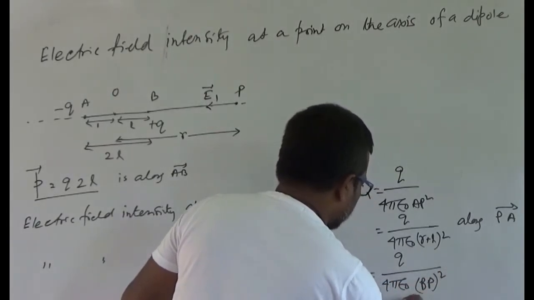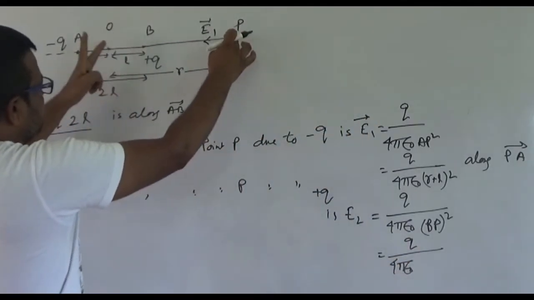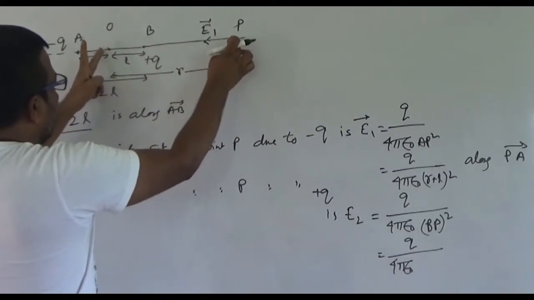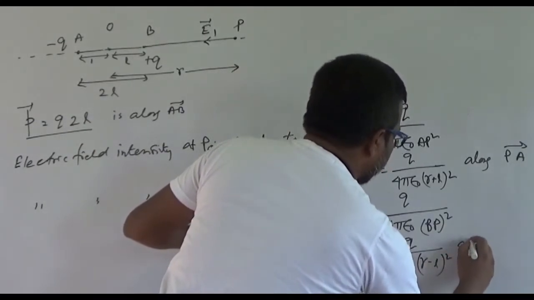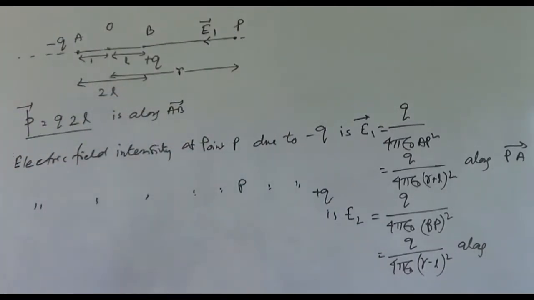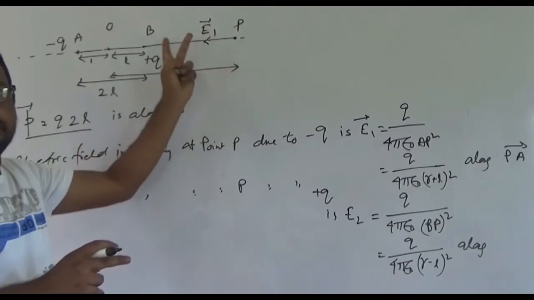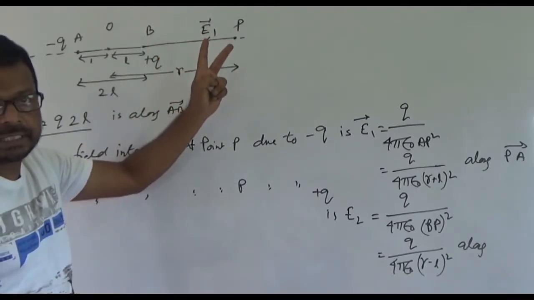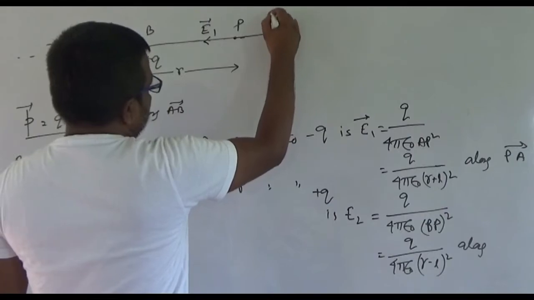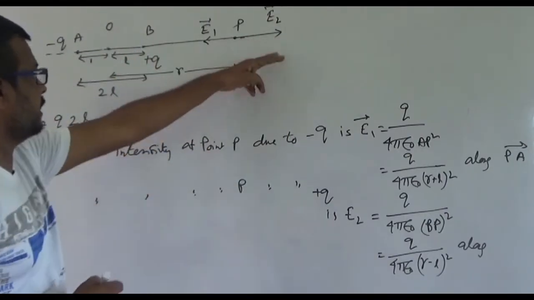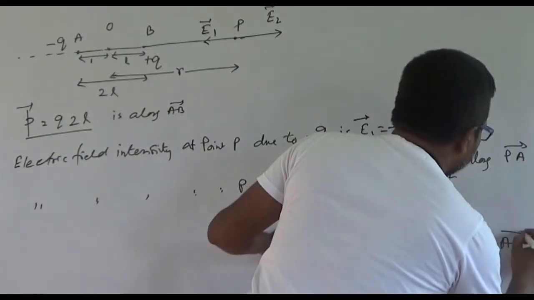That means BP is r minus l, so E2 equals q by 4 pi epsilon naught (r minus l) whole square. We are placing here a unit positive charge and calculating the field due to this positive charge, then it will be repulsive and the electric field will be along this direction. This is E2, which means along the AP vector, right? Along the AP vector.